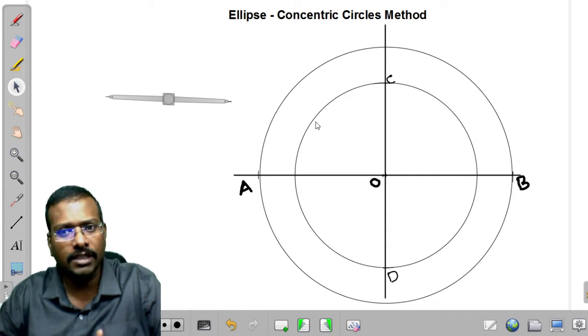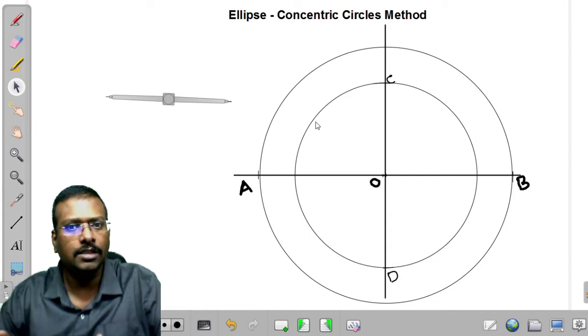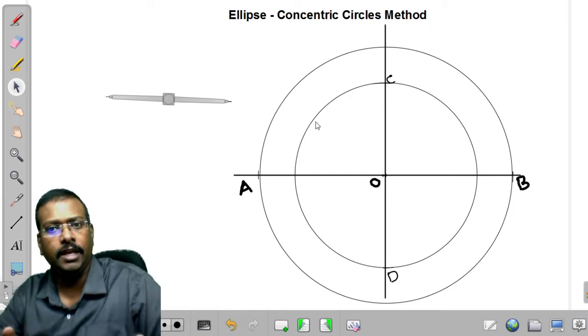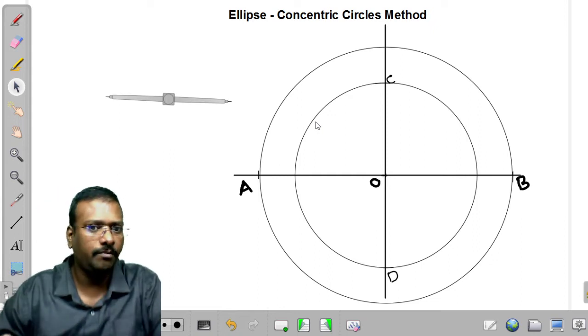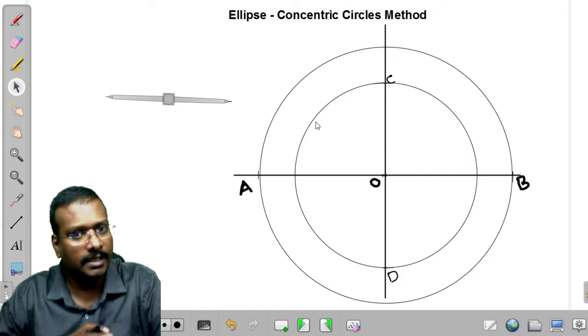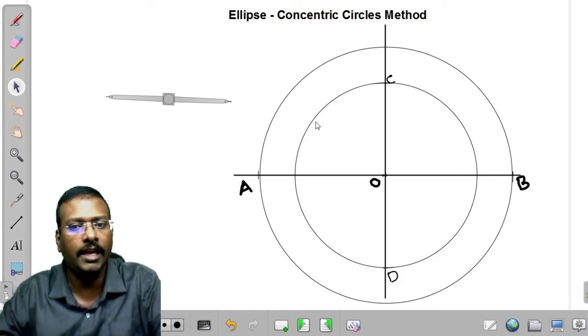But for good appearance, they make the major circle and minor circle both into 12 equal parts. So I am also considering 12 parts here. If anybody asks conceptually whether it is compulsory to divide it into 12 parts, simply say not necessary.